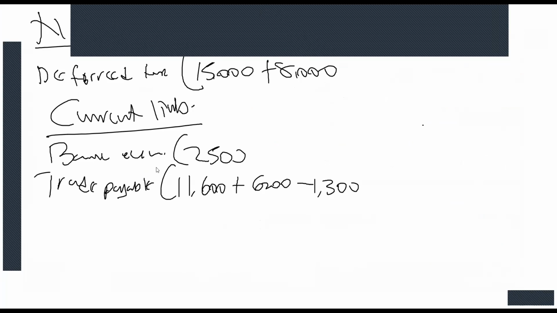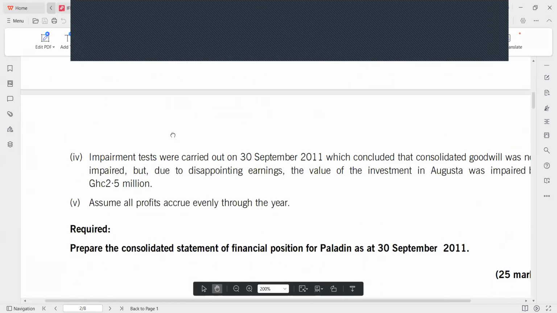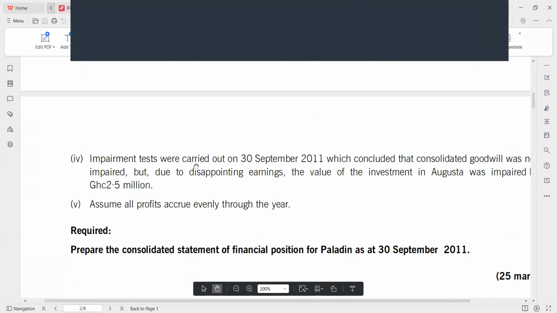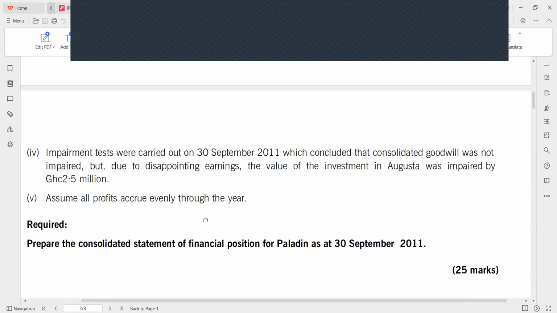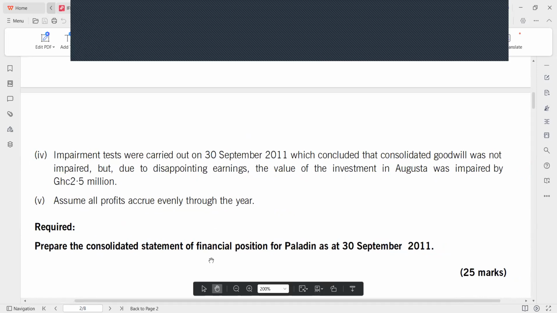So you see, this is how you answer the question. Here we have done half of note 3. Let's go to note 4. Impairment test was carried out on 30th September 2011. It concluded that consolidated goodwill was not impaired.